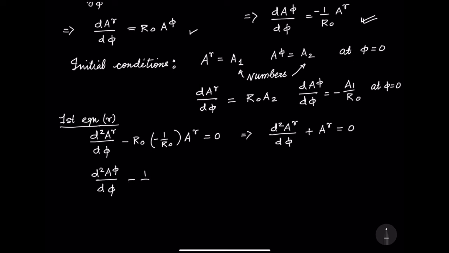So I get 1 by R naught and then dAr/dphi, and dAr/dphi is nothing but R naught Aphi. I'm sorry, this is plus.